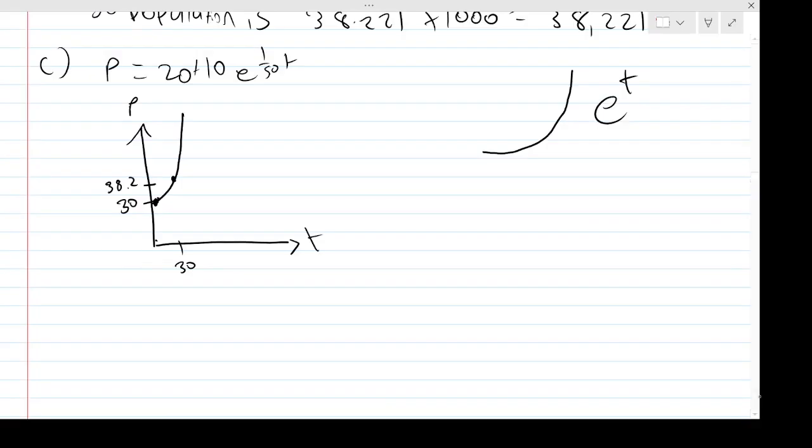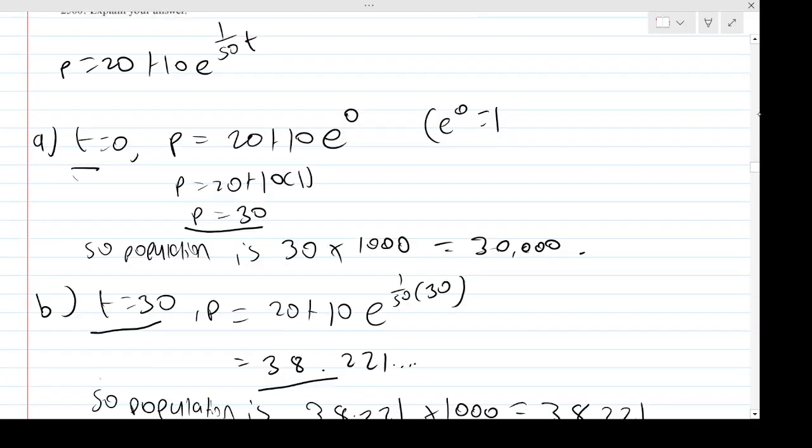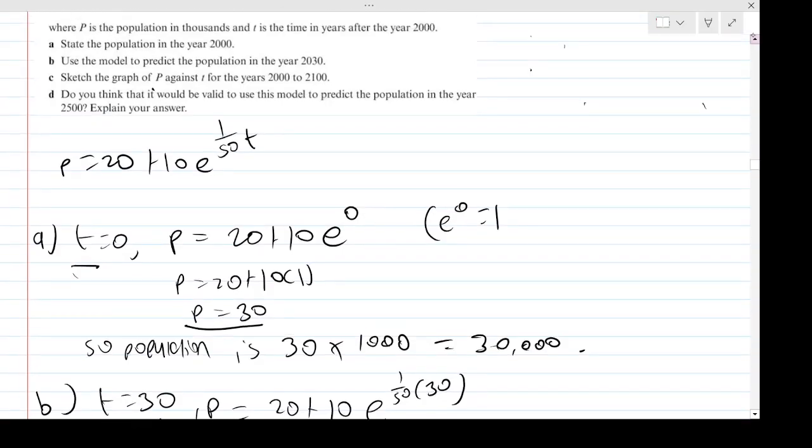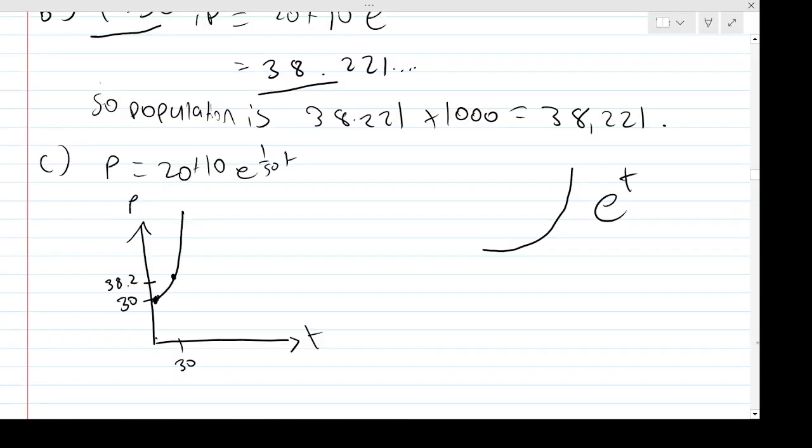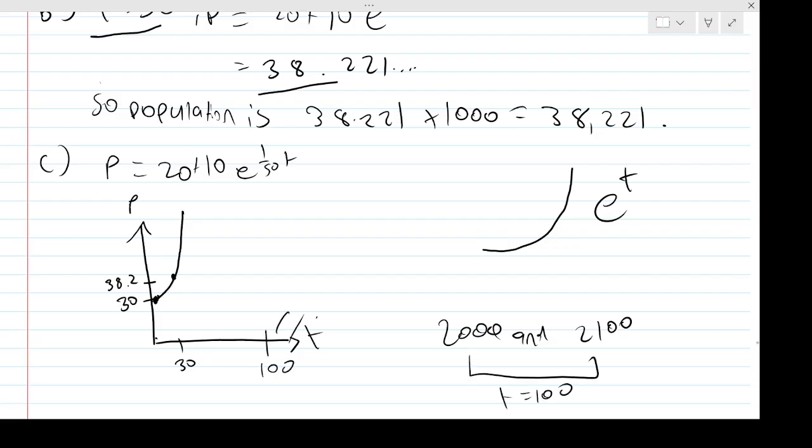However, with this question, there's an additional thing to consider. That's what the graph will look like, cool, but it only wants it between years 2000 to 2100, which means the graph is not meant to go on indefinitely. Because it will go on for infinite years, but they only want it between 2000 and 2100. So that means t is 100. After when t is 100, we don't want any more after that.